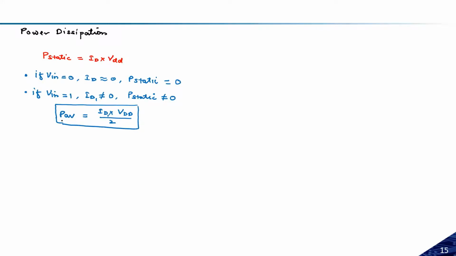Similarly, a very important thing we need to consider here is dynamic power. P dynamic is given by alpha F CL VDD square.